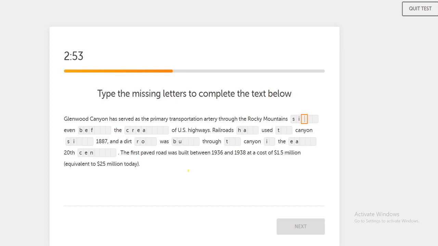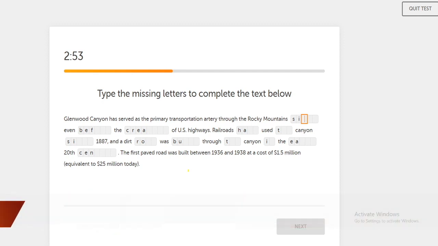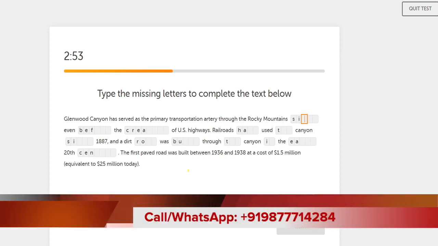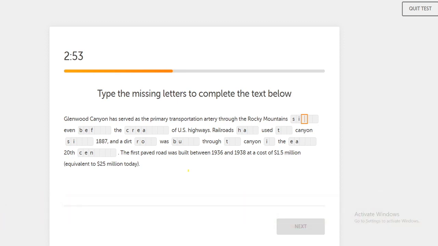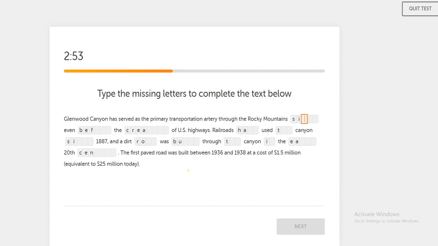Glenwood Canyon has served as the primary transportation artery through the Rocky Mountains, even the US highways. Railroads used the canyon from 1887, and a dirt road was through the canyon in the 20th.